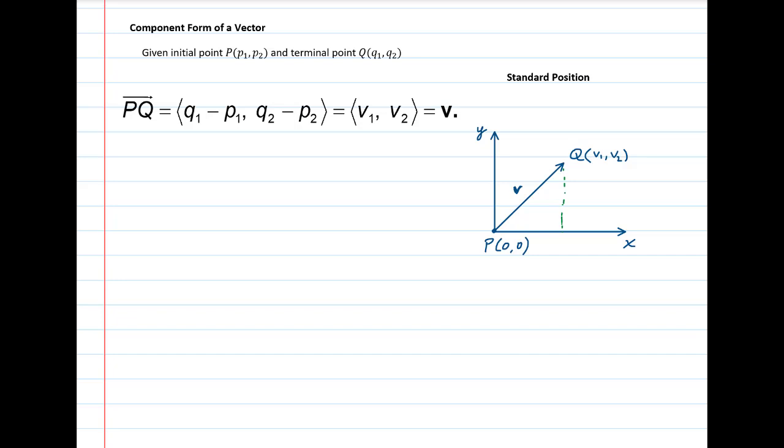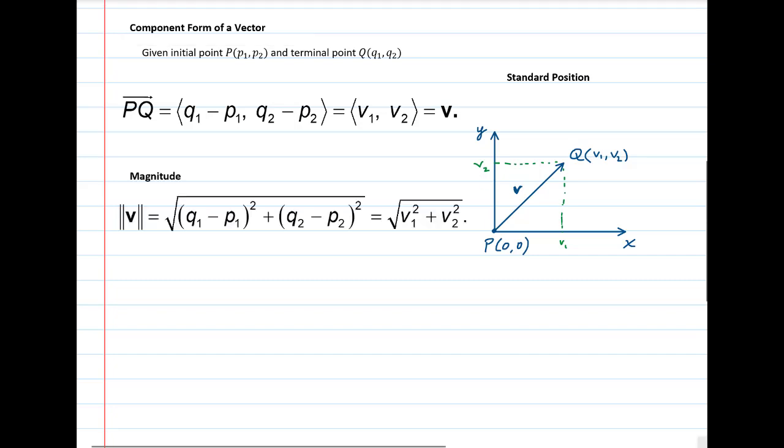In standard position, notice that q1 minus p1 is going to be equal to v1, the coordinate of the terminal point, and in the same way v2 is going to be equal to q2 minus p2. This way we present a unique representation of each vector.